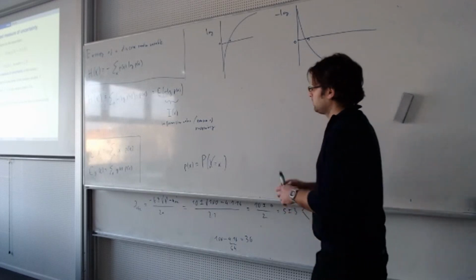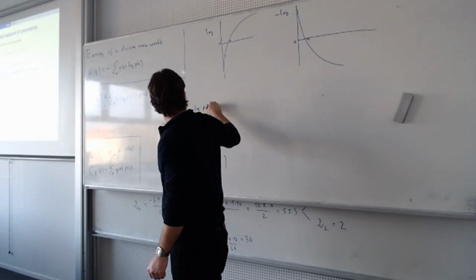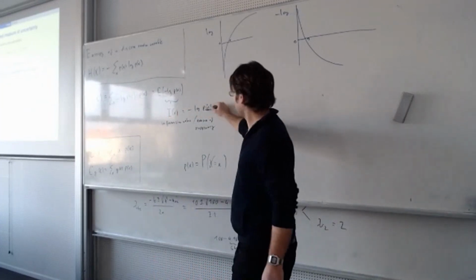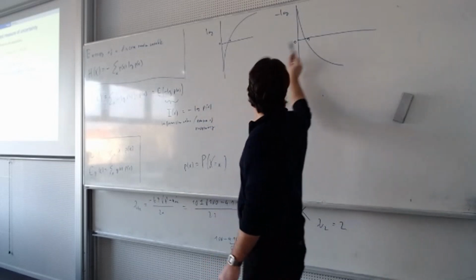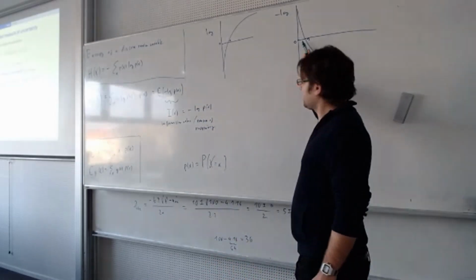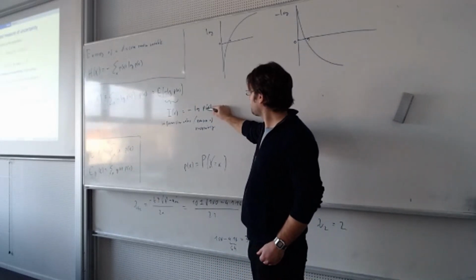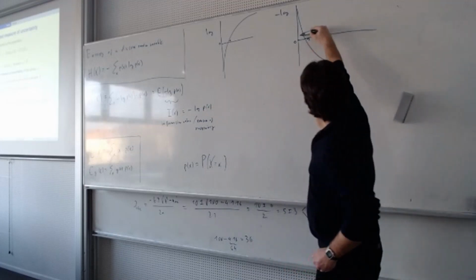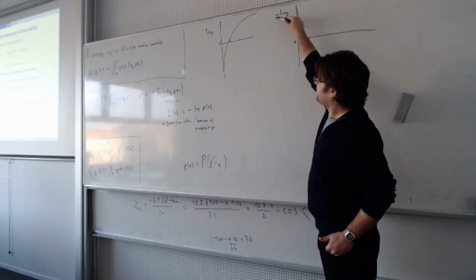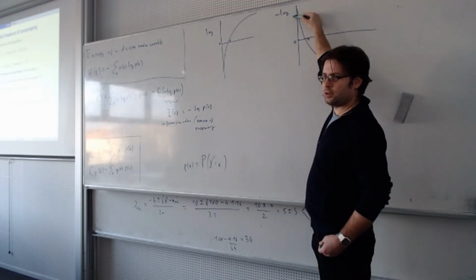Okay. So if you insert something large here, close to 1, this thing will be close to 0. The less probable a value is, so the smaller this probability is, the larger is the information value, the measure of uncertainty in that.